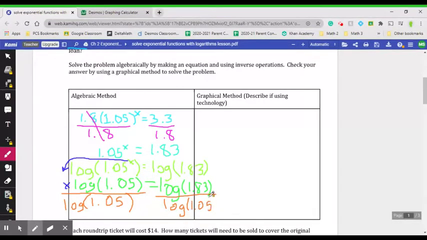We'll use our empty space on the right-hand side to write our final answer, because this would cancel out, and we end up with x left over on the left side, equal to the log of 1.83 divided by the log of 1.05.